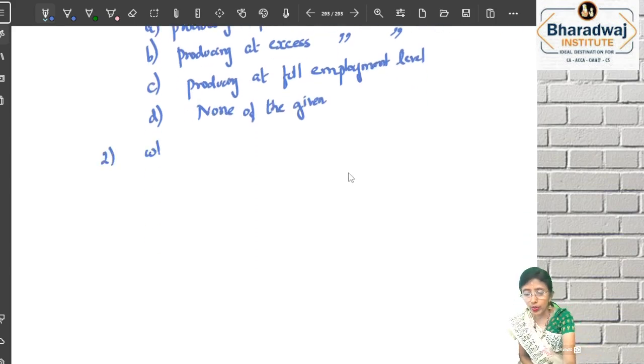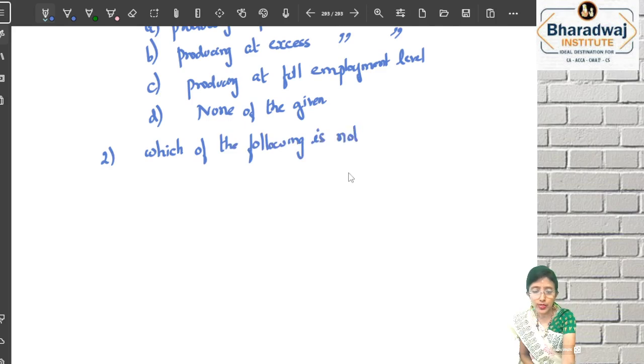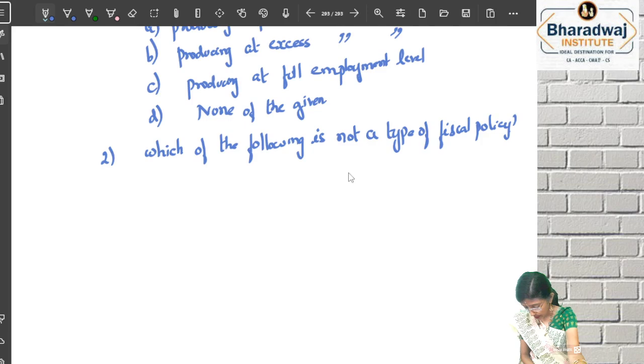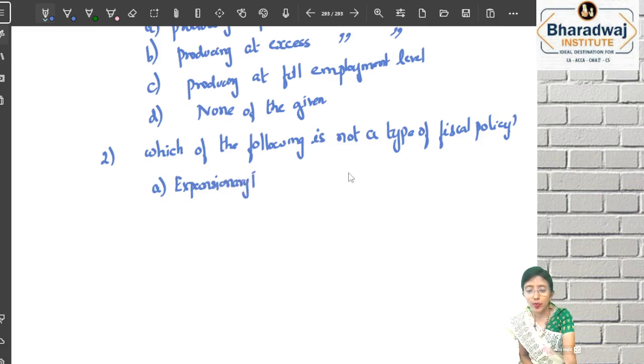Which of the following is not a type of fiscal policy? It's not a type of fiscal policy. What would you call so? Options are: A, expansionary fiscal policy.